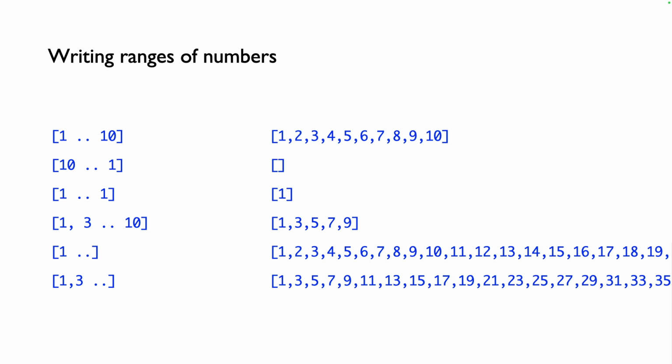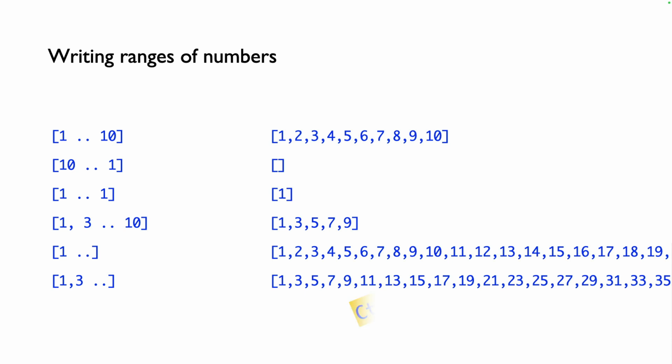And we can write the up to without a limit. We can say the numbers from 1 up to forever, or 1, 3, all the odd numbers going on forever. And if you write those expressions in GHCi, it will continue to evaluate.